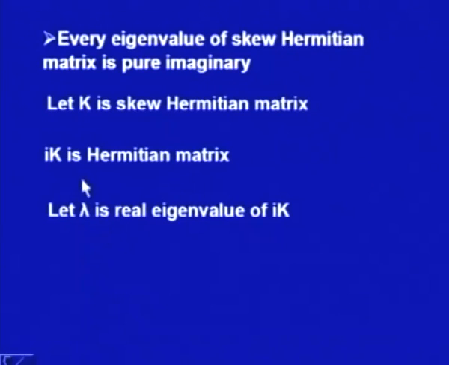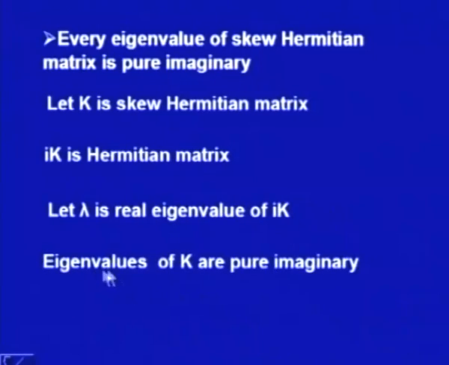Let lambda be an eigenvalue of the Hermitian matrix, that is, lambda is a real eigenvalue of iK, then eigenvalues of K are pure imaginary. This is what we get from this result: if K is skew-Hermitian, then iK will be Hermitian.